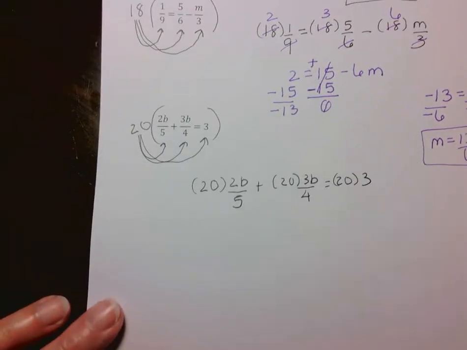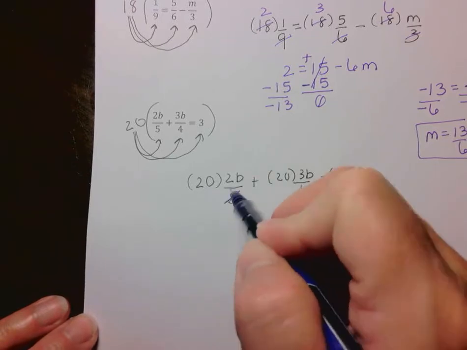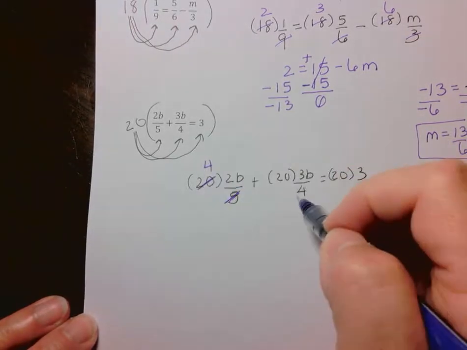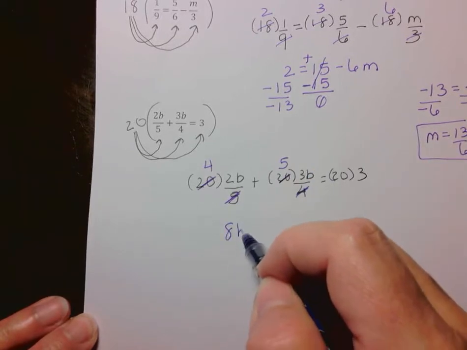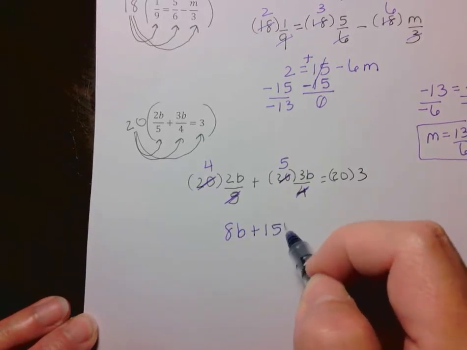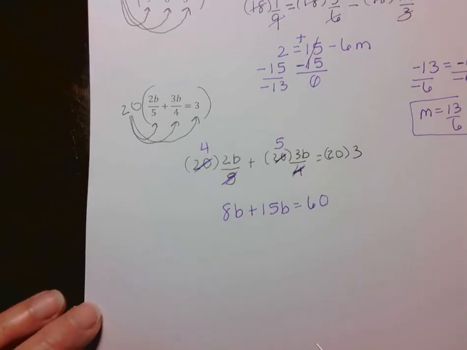And again, right now I would work it out like this until you get the hang of this. Now I'm going to cross reduce. So I get, and now what am I going to do?